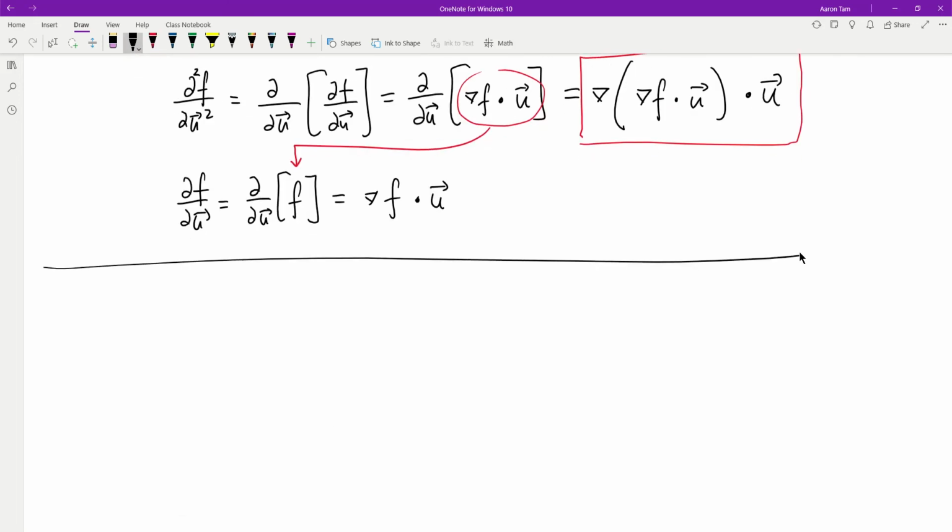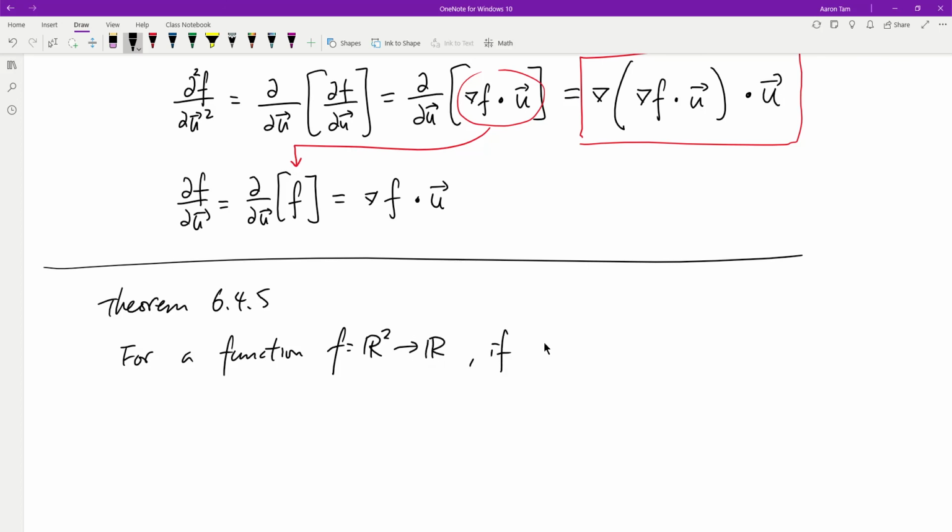Definition, or theorem actually. Theorem 6.4.5, which states the following. For a function f that maps from R2 to R, let's say the function f of xy is equal to z, and let's say we define a direction vector, vector u, which is (u, v).